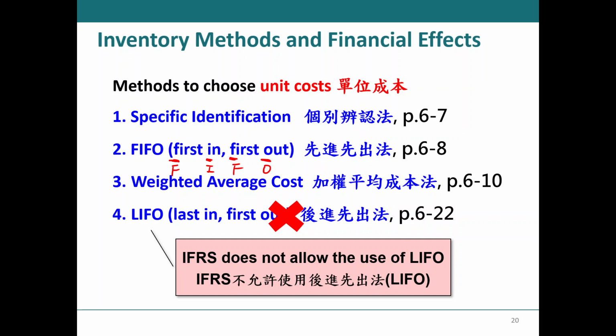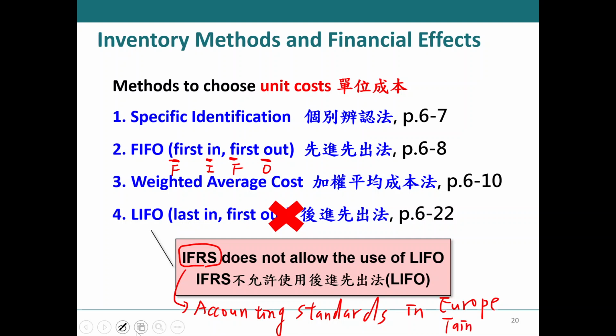So for the last method, many companies in Europe, many companies in other countries, including Taiwan, are not allowed to use it. Here FIFO is one of the accounting standards in Europe, Taiwan, or some countries.